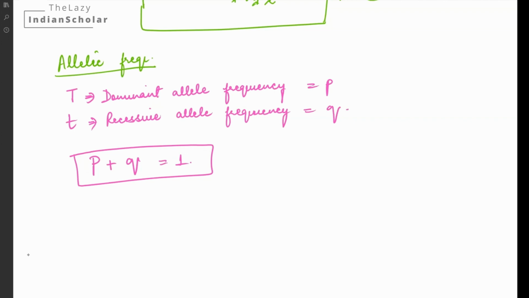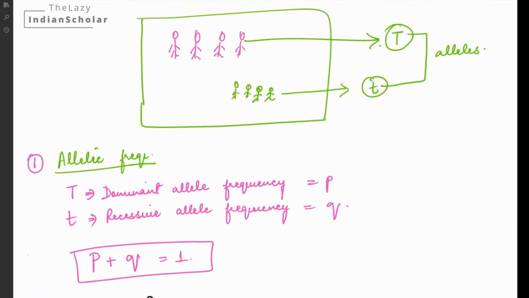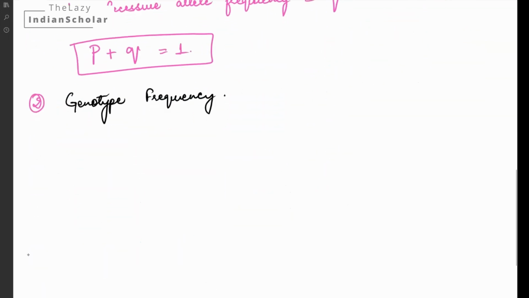Okay, next we will go to the genotypic frequency. This was the allelic frequency. Now next is genotype frequency. Here we can see that these individuals are diploid. So each individual gets two alleles, one from the father and one from the mother.